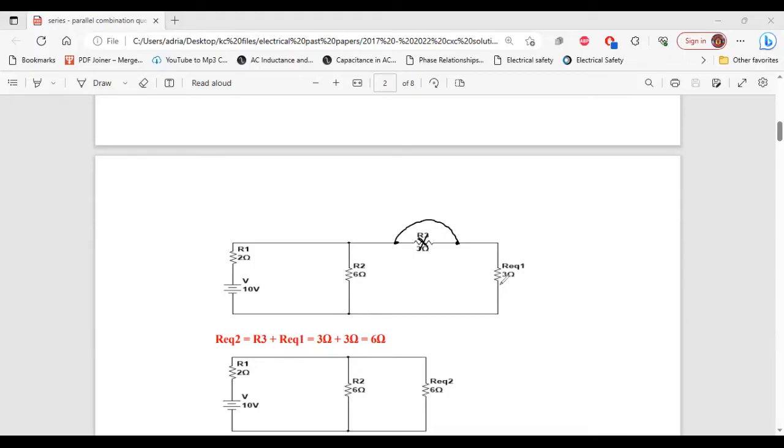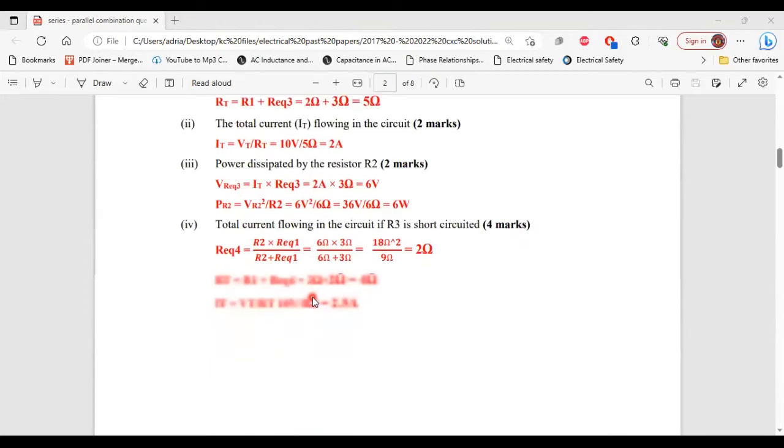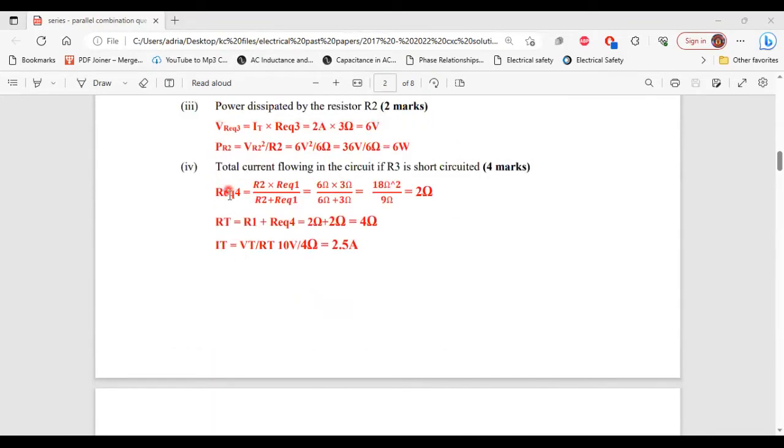So again, when analyzing the circuit, looking from right to left, we realize that R2 and Req1 are in parallel. So we'll have to calculate the equivalent resistor value for those two resistors, and we're going to call that equivalent resistor value Req4. All right, so here we have it.